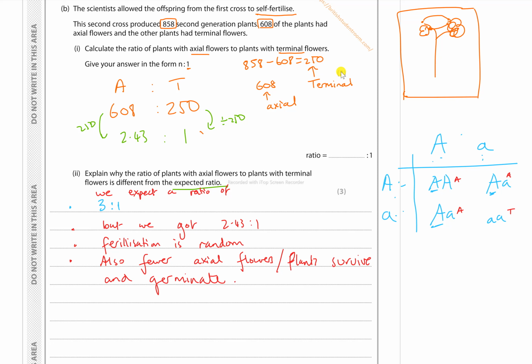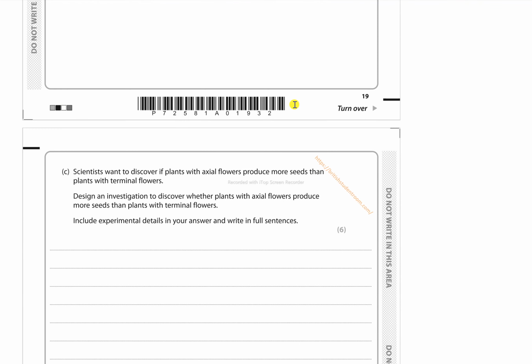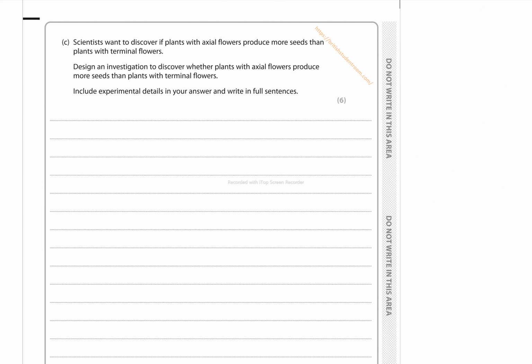So they could have that. You could have 2 things. First of all, it's random, and secondly, fewer axial plants might have survived. Maybe they're not as robust. That's a tough one. Right, okay.